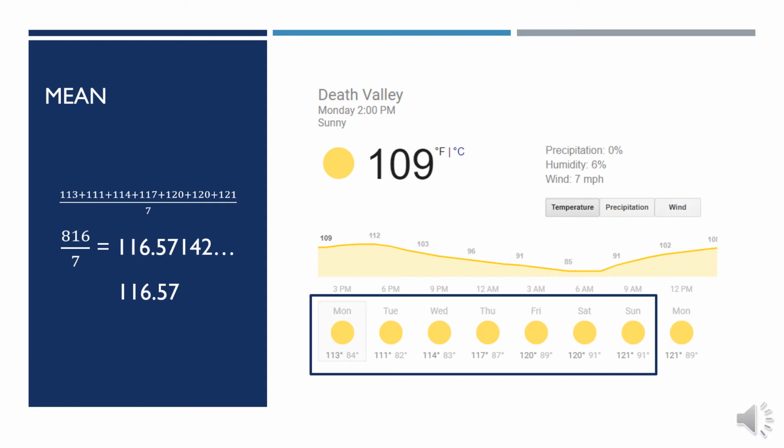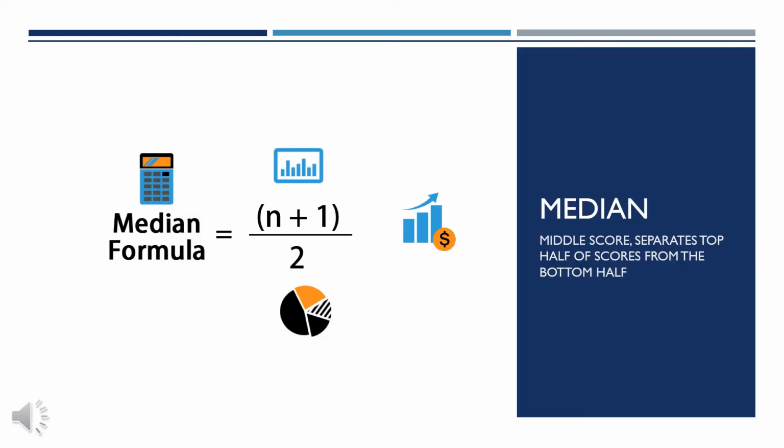When we divide 816 by 7, we get 116.57142 and so forth. In APA format, we always round to the second decimal point, so our final answer is going to be the mean of the sample of data is 116.57 degrees Fahrenheit.